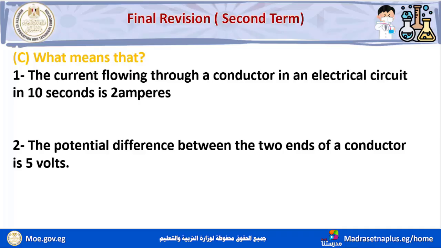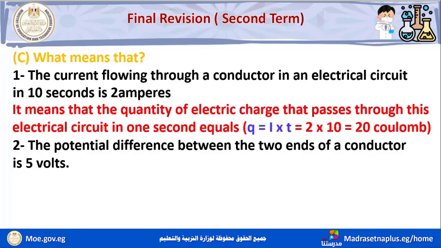Number 1, the current flowing through a conductor in an electrical circuit in 10 seconds is 2 amperes. It means that the quantity of electric charge that passes through this circuit, Q equals I, electric current, times T, time, equals 2 times 10, equals 20 coulomb.